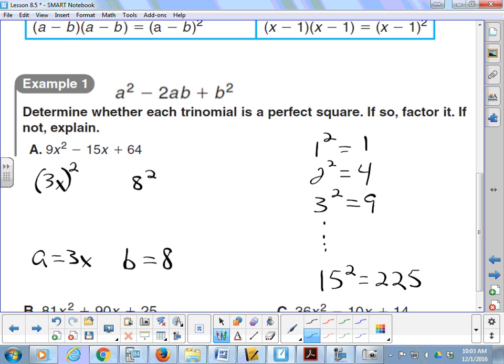So the big question now is, we have a squared and b squared. Is this thing here in the middle equal to 2 times a times b? Does 15x equal 2 times 3x times 8?